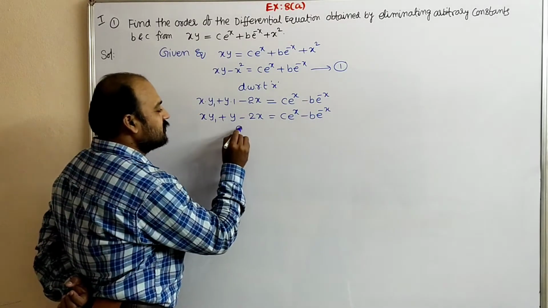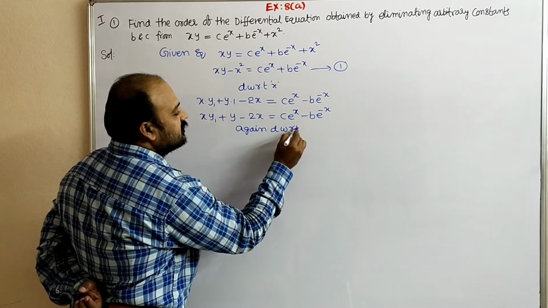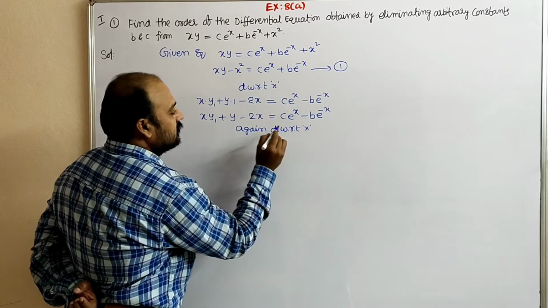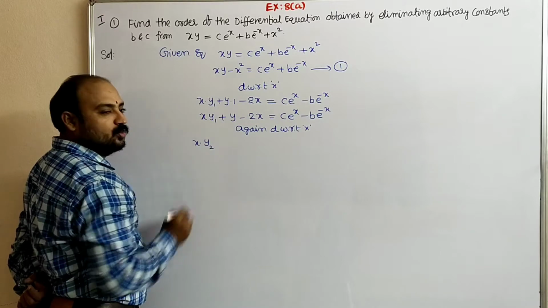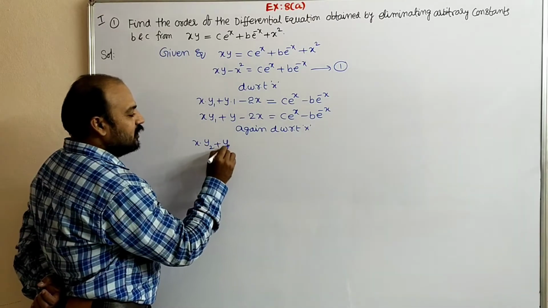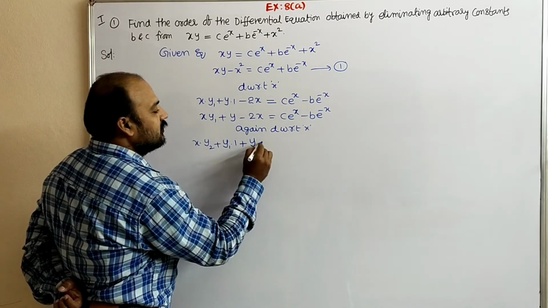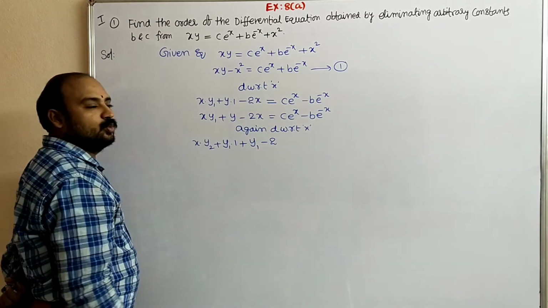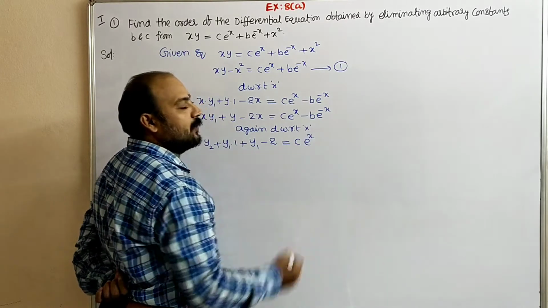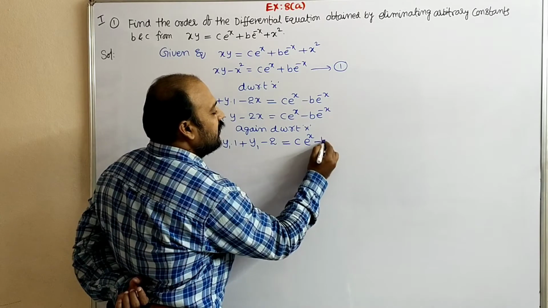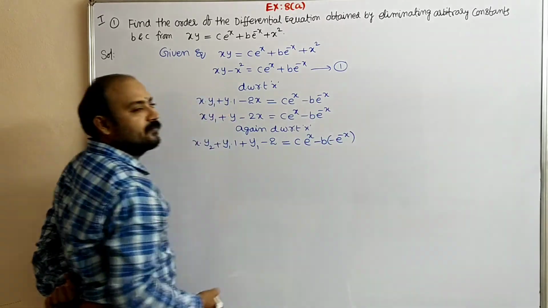So again differentiate with respect to x. So uv again, x into y1 derivative is y2 plus y1 into x derivative is 1 plus y derivative is y1 minus 2x derivative is 2 equal to c into e power x derivative is e power x minus b into e power minus x derivative is minus e power minus x.